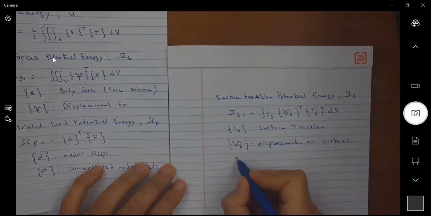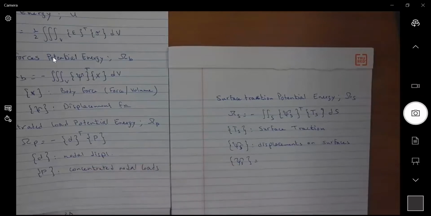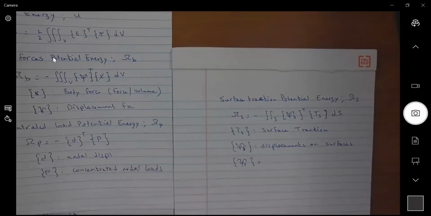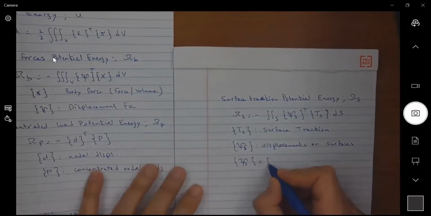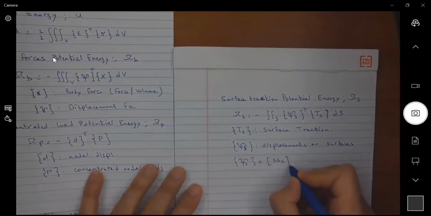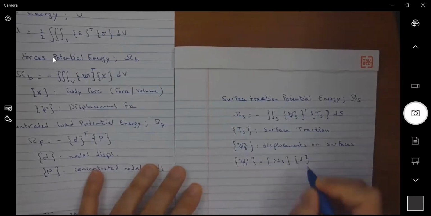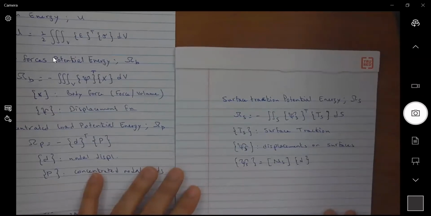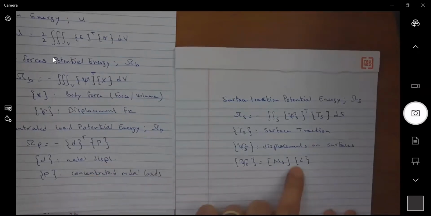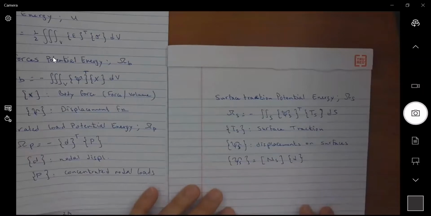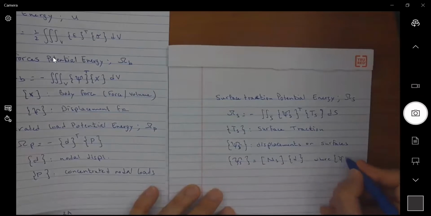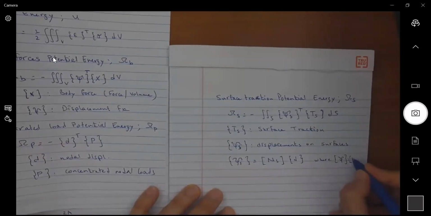So in order to evaluate psi S, if psi is expressed in terms of shape functions, I will evaluate my shape functions on that surface and multiply them by the nodal displacements. So psi S is equal to NS times D, of course, where psi was expressed using N times D.